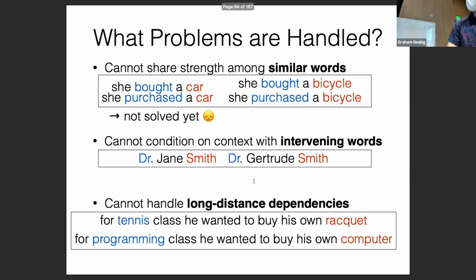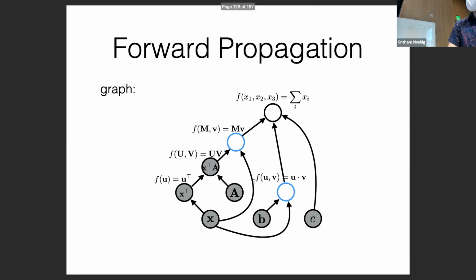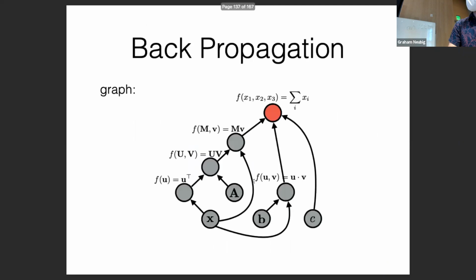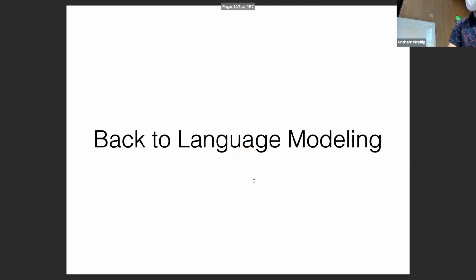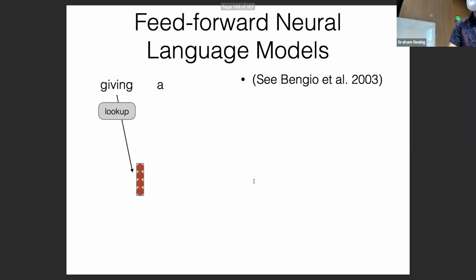So going back here, I'm going to talk about one specific example. I meant to have the general slide before the specific example, but I'm going to talk about one specific example of a neural network that can be used to calculate these features and scores. This is a feed-forward neural network language model.